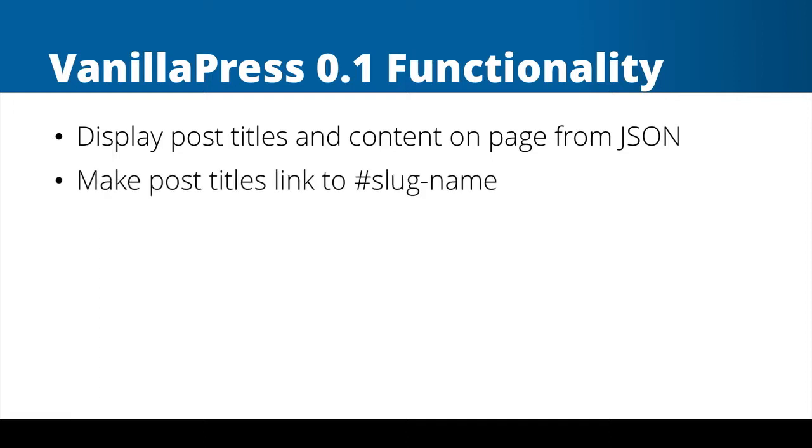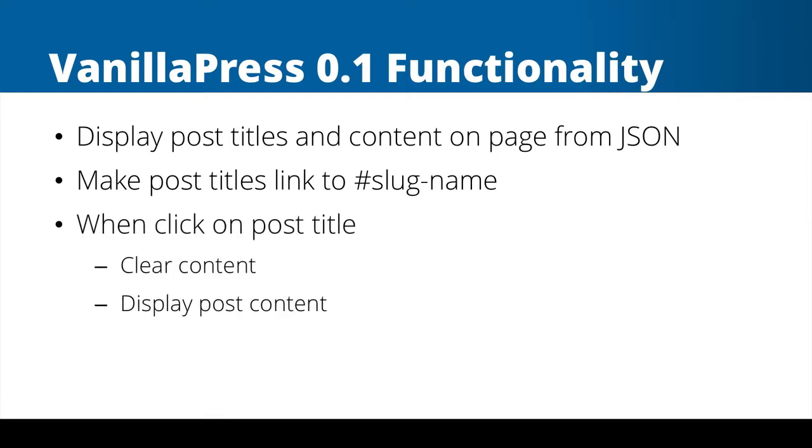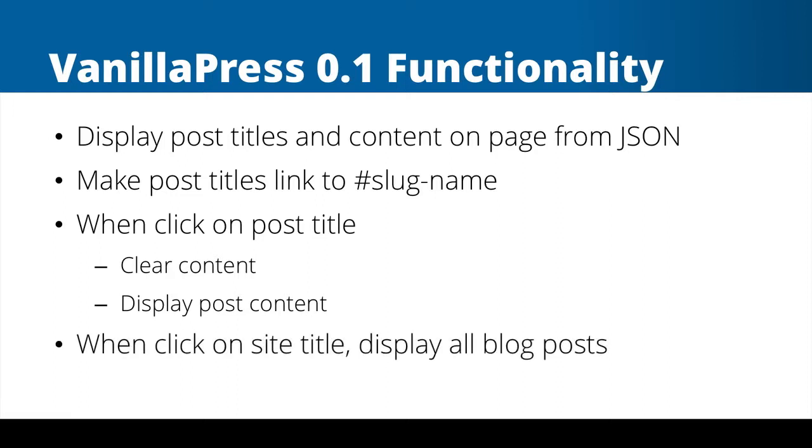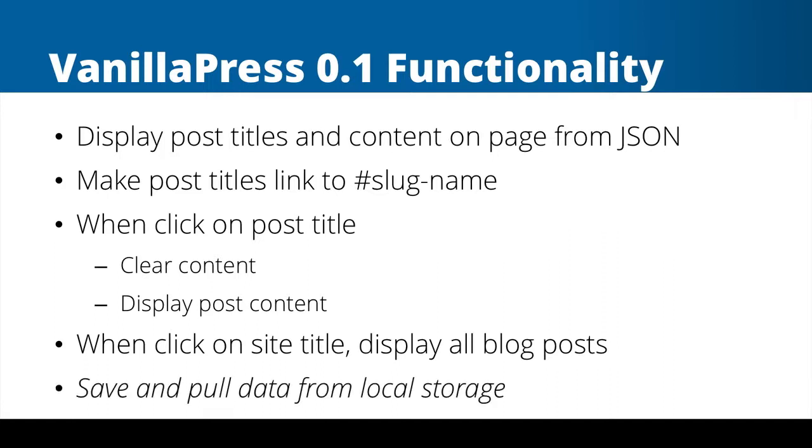You want to make those post titles links using the slug name. And then when you click on a post title, you want to clear out all the content and display that single post content, and then when the site title is clicked, it'll wipe it all out and display all the blog posts. Of course, if you want to take that extra step, you could save and pull the data from local storage instead of just from that object there.